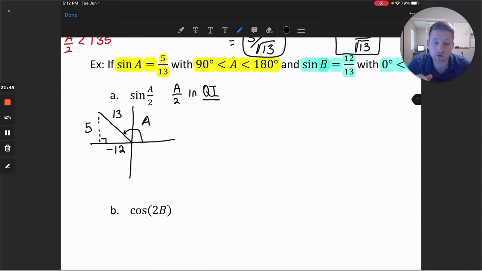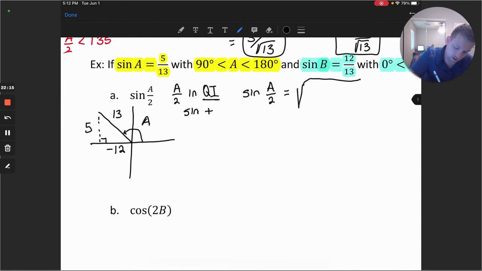Therefore, sine of A over 2 is going to be positive, so we're going to take the positive square root solution. So we know that sine of A over 2 is going to be equal to positive square root of 1 minus cosine of A divided by 2. Same definition that we've been using in the previous examples, we're going to use again here.